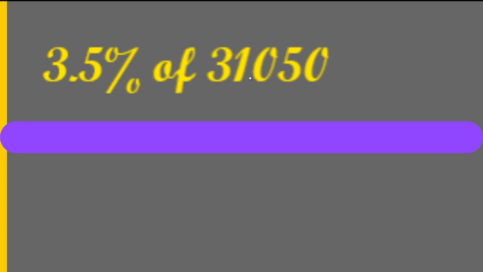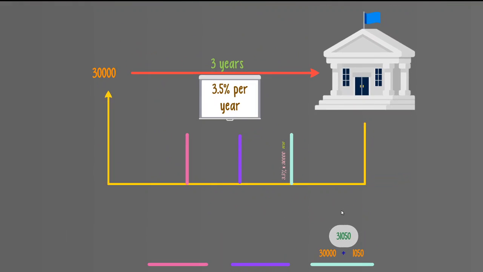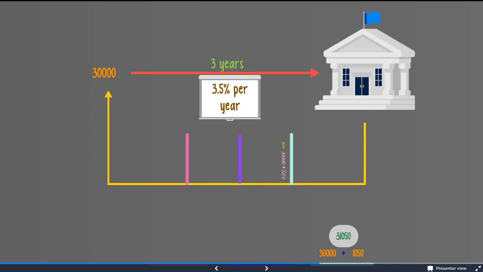3.5% of 30,000. Now this is what usually happens, I mean, last time we studied like this, but this bank charges differently. They don't charge interest based on the money you started with, but they say we will give you 3.5% of whatever is in your account now. In your account now there is 31,050 rupees.